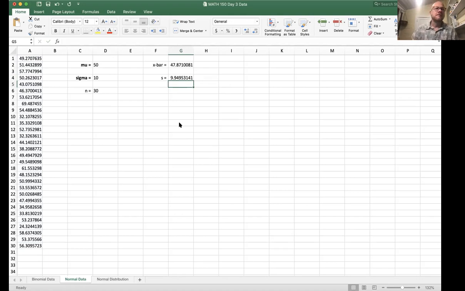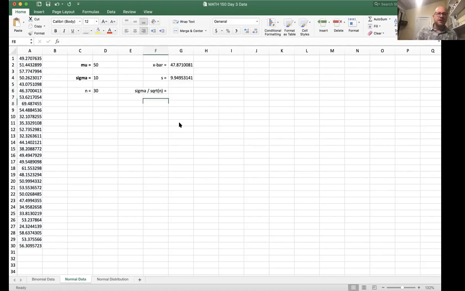Okay. All right. Then the thing that we're going to figure out right here is going to be, I'll go ahead and write it as sigma divided by the square root of n. Okay.